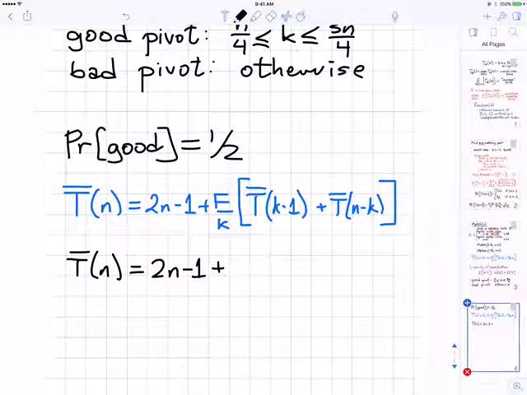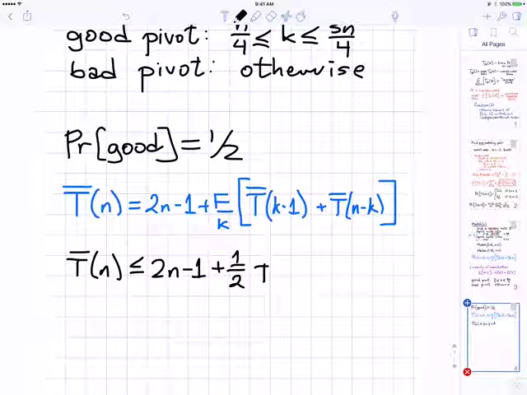Let me be conservative about this. If the pivot is bad, and I'll detect this in the algorithm, I'm going to make a small change to the algorithm: if the pivot is bad, I'm just going to say, oh, crap, start over. Start that recursive subproblem over. This is making the algorithm slower, so I need to put a less than there. So half the time, I'm just going to start over.